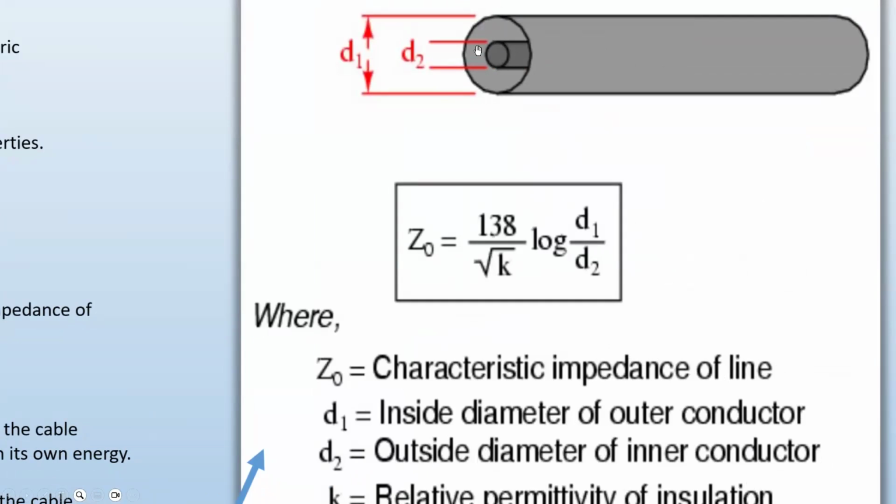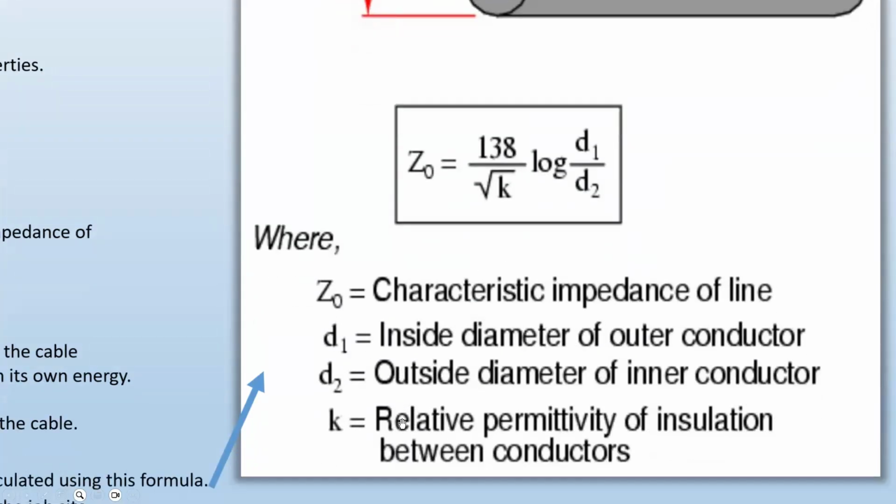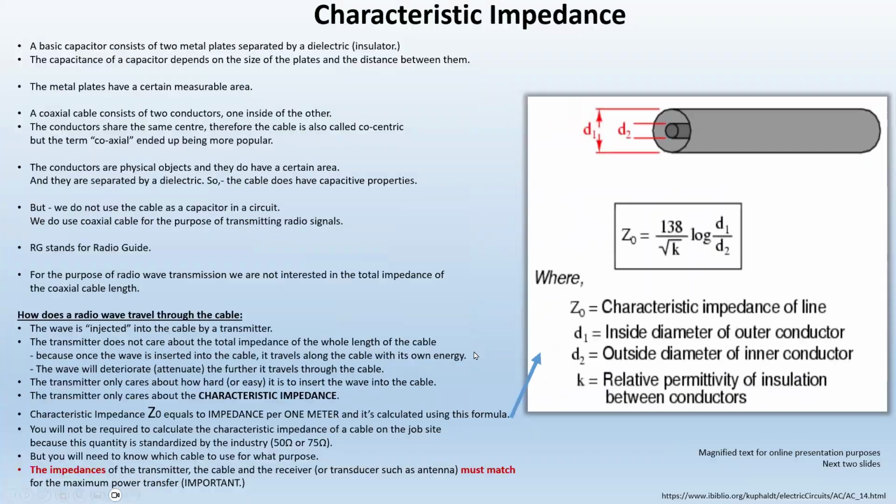Here's the diameter of the outer conductor. And they are plugged in right here. And there's some mysterious log thing here. That's for logarithm. It's a log. And there's that mysterious 138. Don't care about that right now, but it's there. And there's a square root of K. What's K? Relative permittivity of the insulation between the conductors.